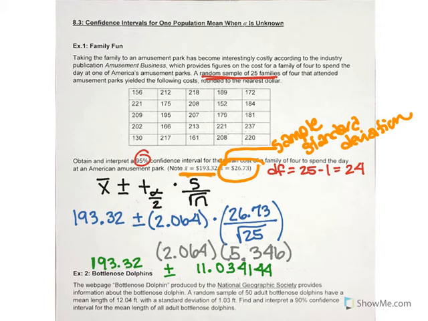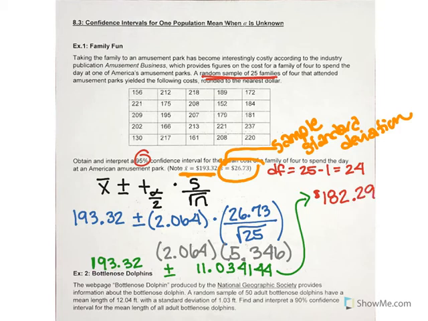And I'm going to write this interval here. So we're going to subtract that from 193.32 and 2 decimals because this is money. So that would give $182.29.